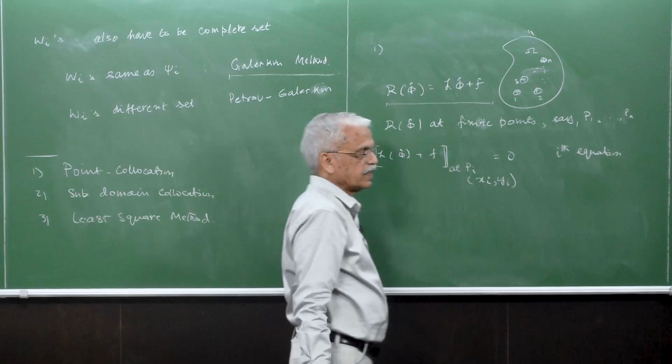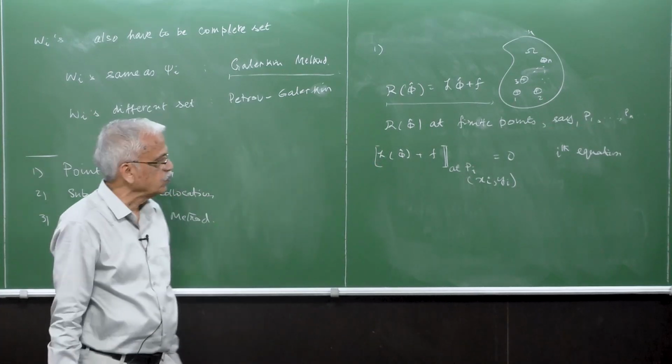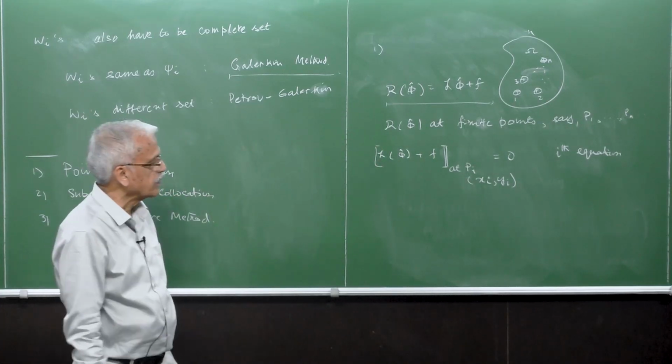So you can get n number of equations by choosing this Pi to be P1, P2, P3, and so on.